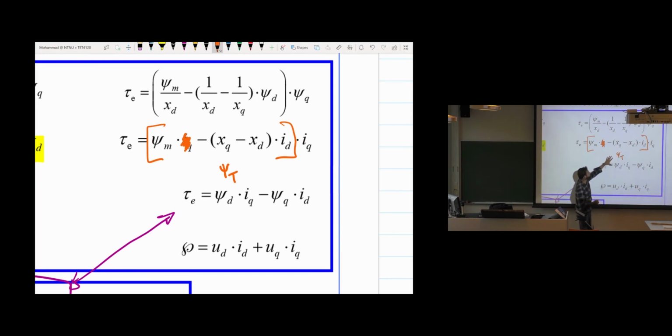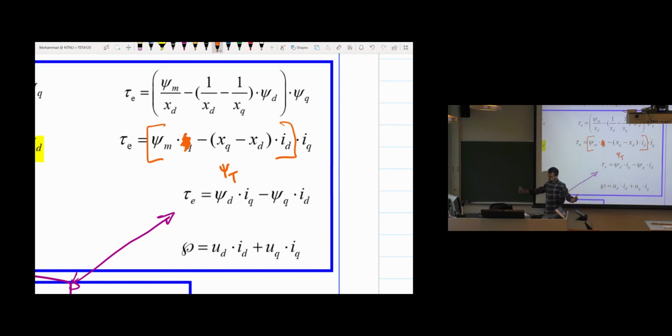So in order to have the contribution from this part, what would be the value of the d-axis current? In order to have the positive contribution, this d-axis current should be negative, right? If it's negative, we get this term positive, so it's adding to this part. Otherwise, it's a subtraction. That's what we don't want.